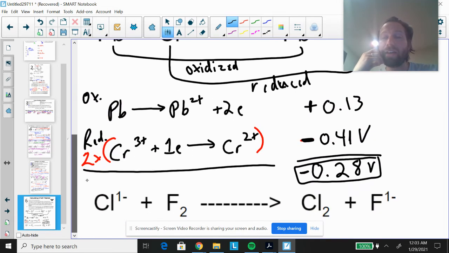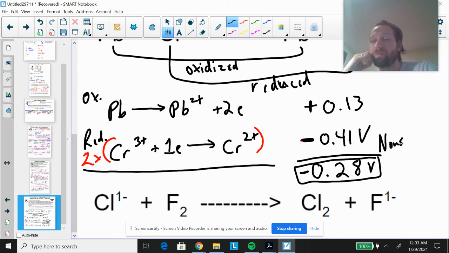So this is going to be a non-spontaneous reaction. And what this means is that you're going to have to add at least 0.28 volts into the cell in order to make this reaction occur, probably a bit more due to friction.